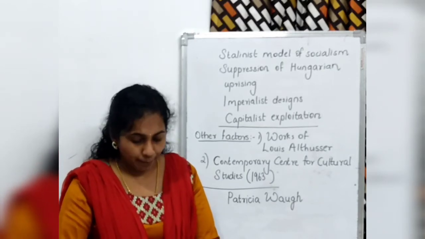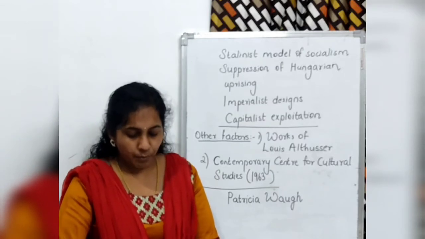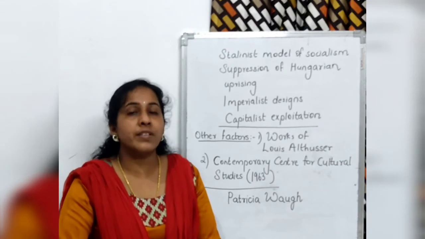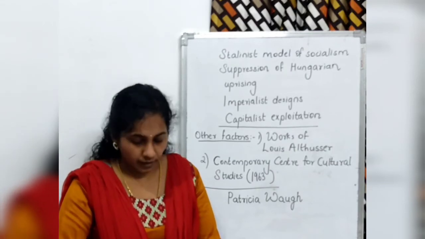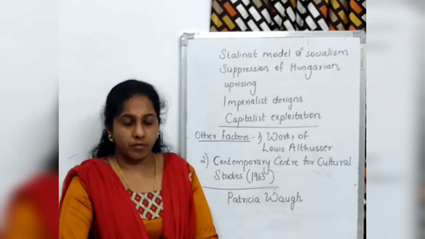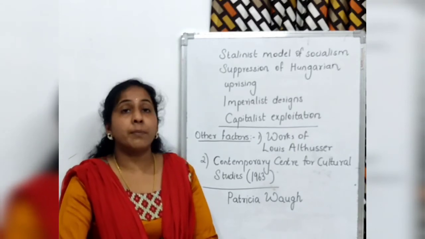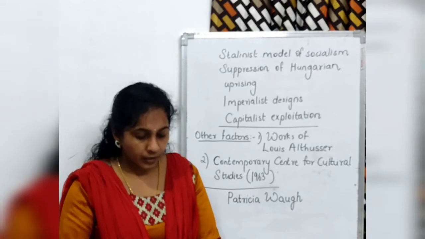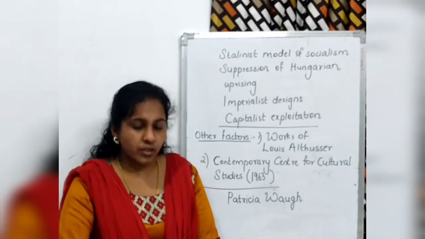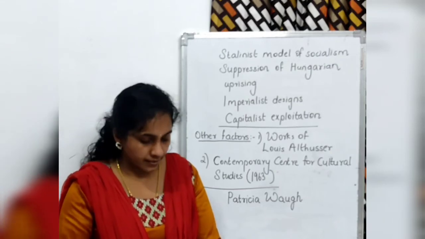Capitalist exploitation means the capitalists or the owners used to exploit the working class. So people were enraged, or angry, with the capitalist exploitation of US and Western European democracies and also the imperialist designs.